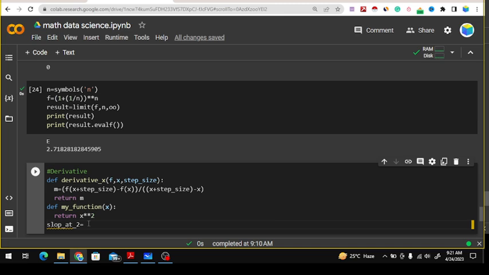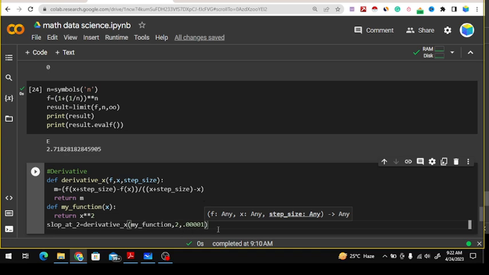So slope at 2 should be equal to derivative_x of my_function, comma, the point 2, like this.